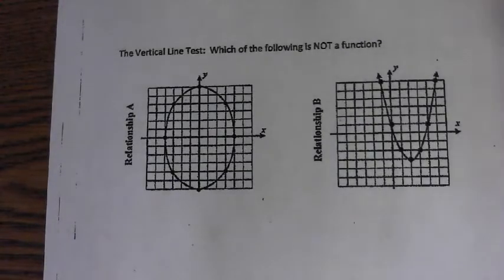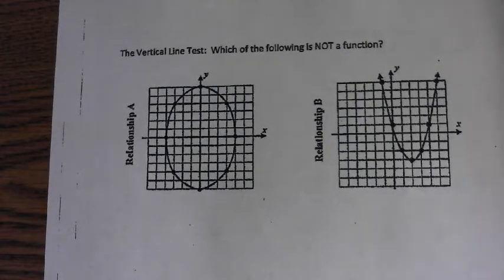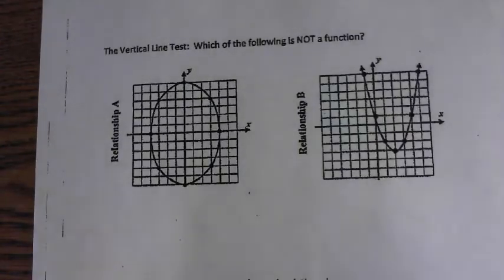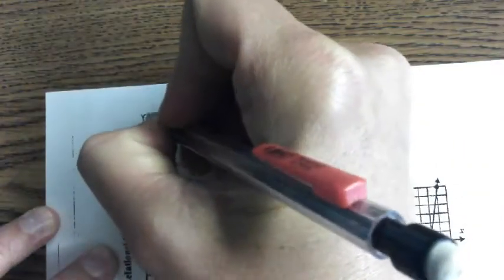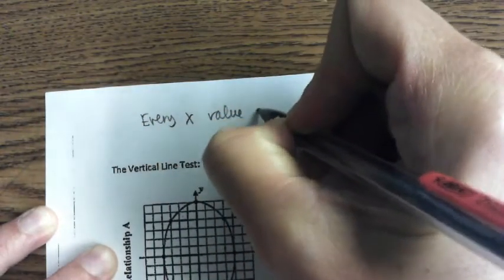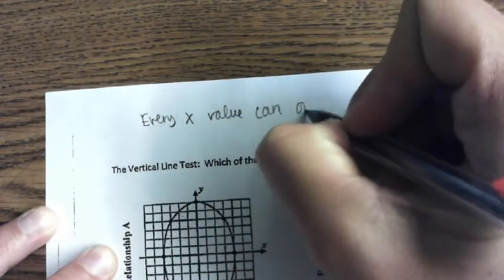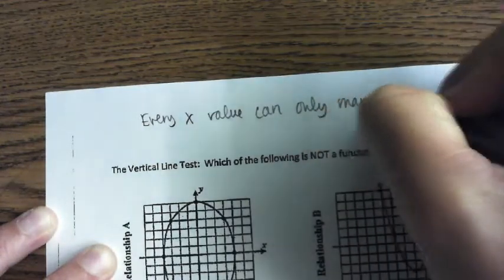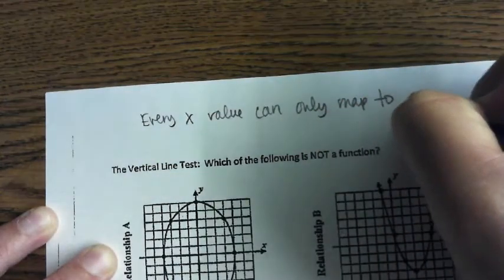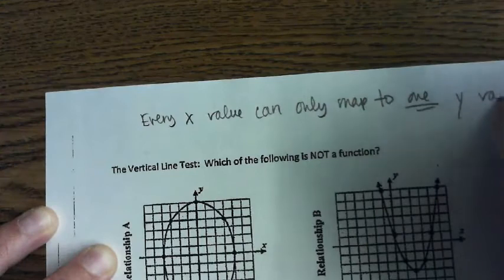Raise your hand if you've ever heard of the vertical line test? Very good. Okay. So in a function, every x value can only map to one y value.